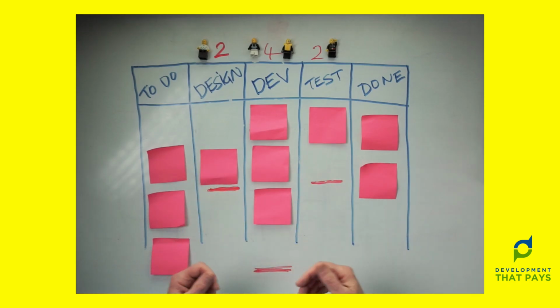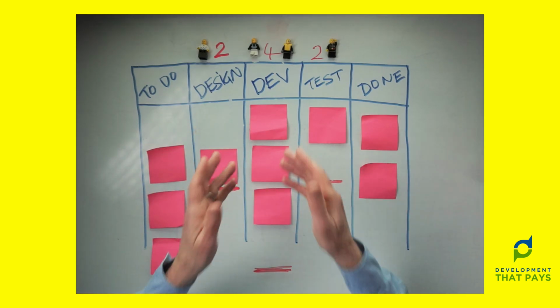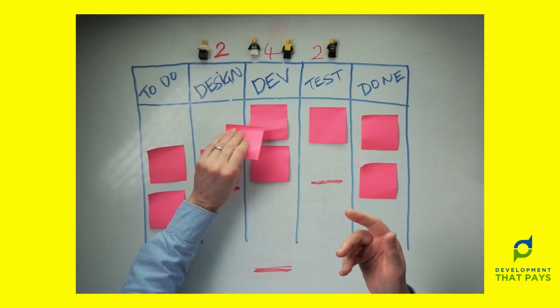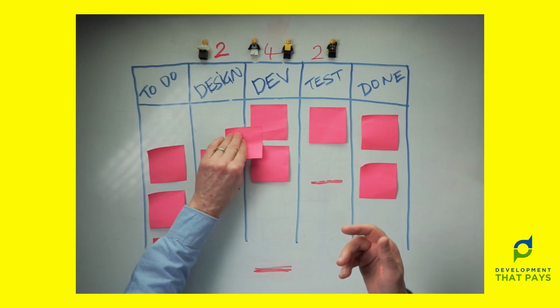We need to set things up so that dev has the same rights and privileges as design. Design is able to pull, dev should also be able to pull. I guess a hack on a physical board like this would be to put the card halfway across the two columns. Of course, for an electronic board, that's not going to work. So let's do this properly. I'm going to have to add in a few more columns. I've got a board to clean.